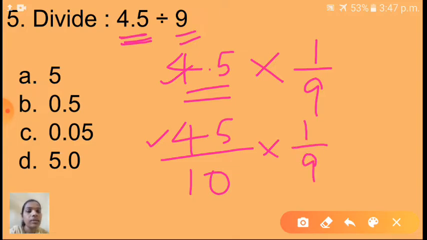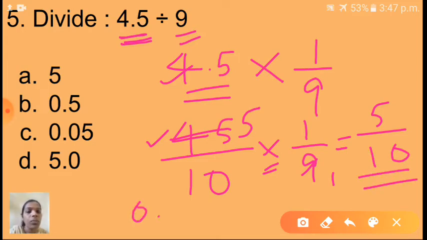So now see here, multiplication is there, so you can cancel out here. 9 ones are 9. 5 nines are 45. So your answer is what? 5 upon 10. 5 upon 10, what is the answer? Yes, 0.5. Here, where is B option.